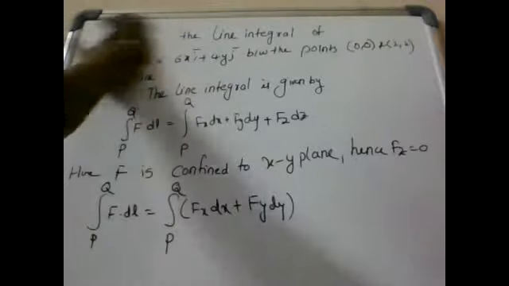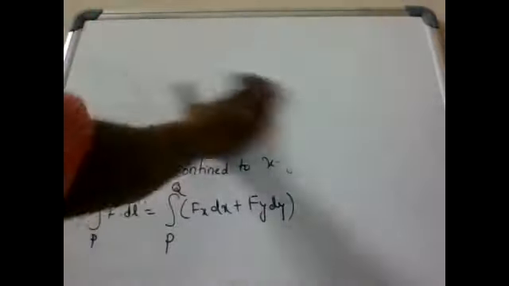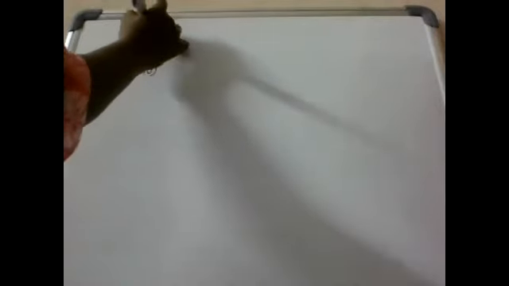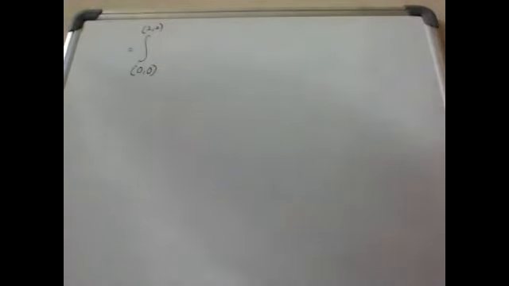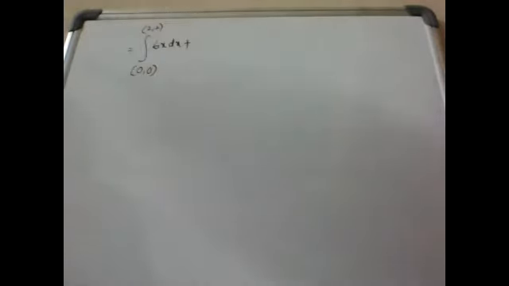In the next step, integration from 0, 0 to 2, 2 of 6x dx plus 4y dy.